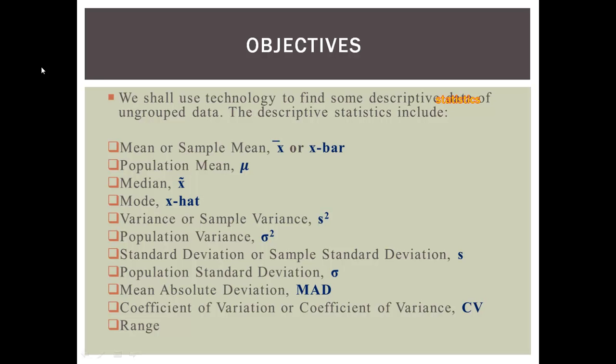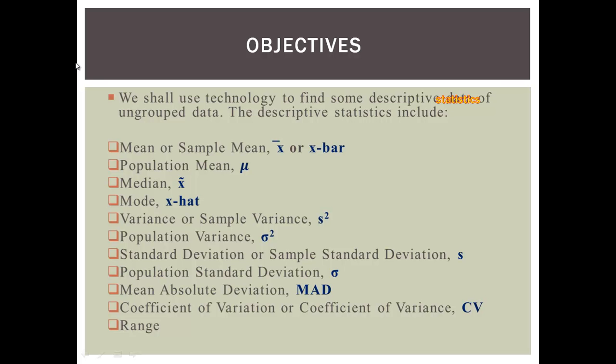The standard deviation, or the sample standard deviation, small letter s. And then population standard deviation, small letter sigma. The mean absolute deviation, MAD. Please don't be mad at me. The coefficient of variation, or some textbooks call it coefficient of variance, CV. And then the range. So these are the descriptive statistics we will find.